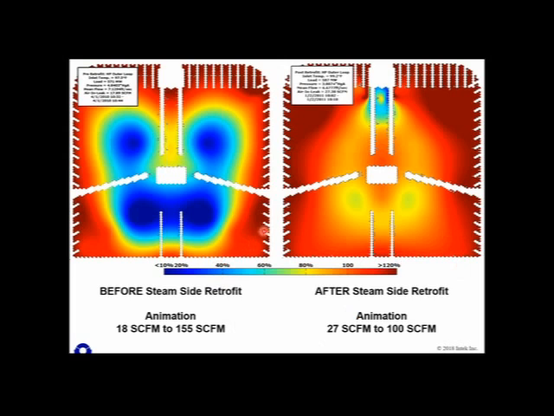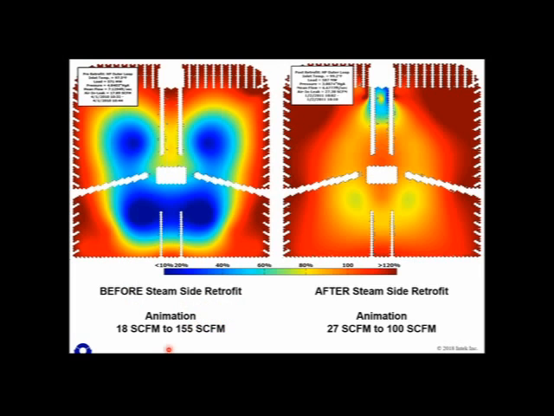So we've gone from this bundle profile at an air in leakage of 18 SCFM into this bundle, well the whole unit really, and then over here this is a performance profile with even higher air in leakage, 27 SCFM into this bundle. Okay, and so you can see here that we've greatly reduced the stagnant zone and really the airbound zone in this unit.